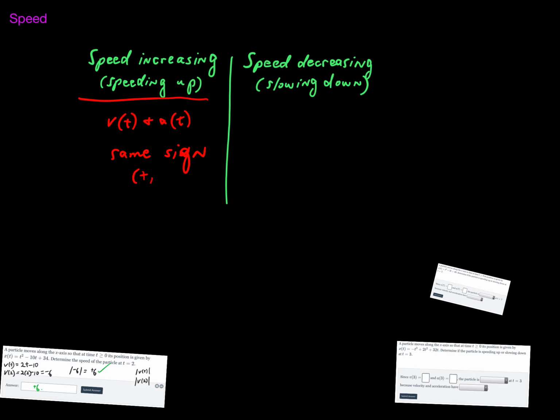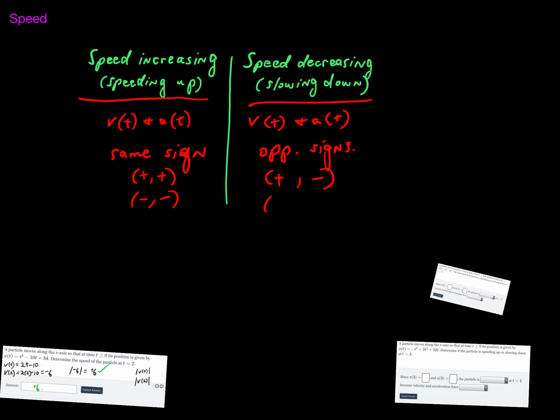So you're looking for positive, positive, or negative, negative. You're slowing down when your velocity and your acceleration at some time value have opposite signs. So you're either going to have a v of t that's positive and an a of t that's negative, or the other way around. If they have opposite signs, you can tell me it's slowing down at that time or over an interval.